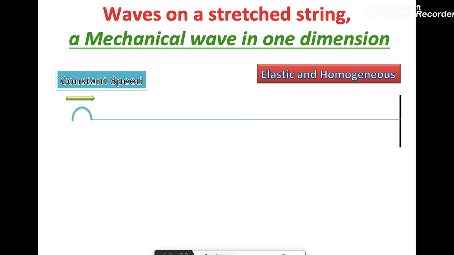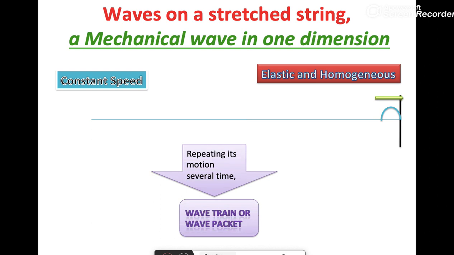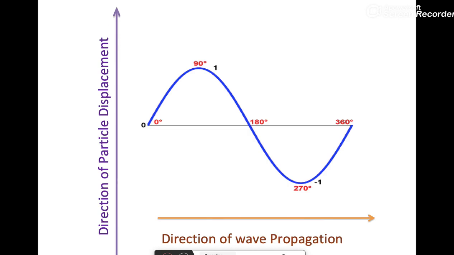If the source is repeating its motion several times, we get a wave train. It is known as a sine wave. Due to the repeating motion of the disturbance, a wave packet or sine wave can be introduced.